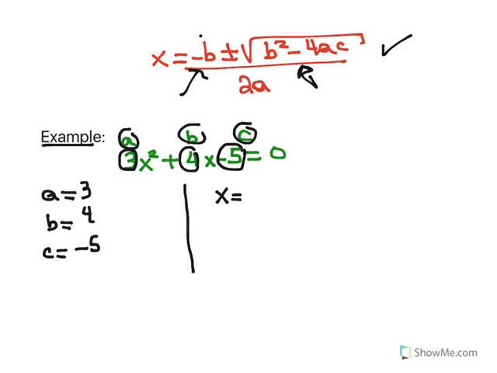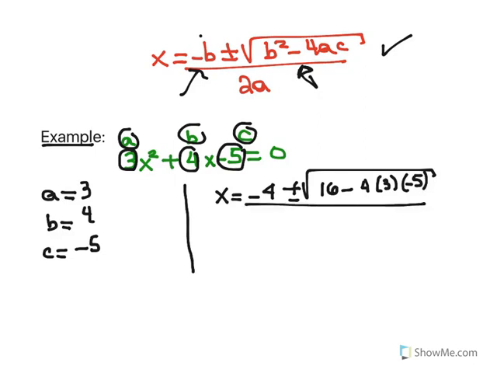So x is going to be equal to negative b, which is 4, plus or minus the square root of b squared, that's 16, minus 4 times a, which is 3, times c, which is negative 5, divided by 2 times a. Remember that a is 3, so it's 6.